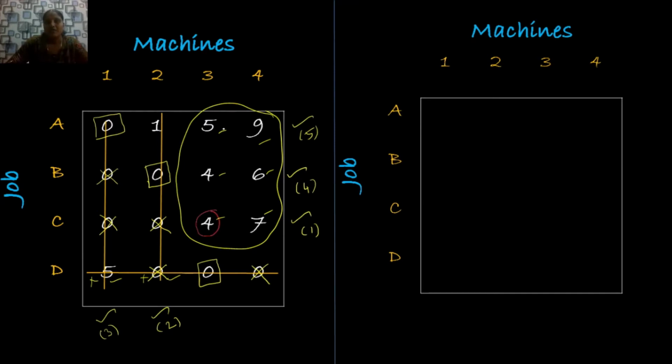So for the first row, 5 minus 4 is 1, and 9 minus 4 is 5. For the second row, 4 minus 4 is 0, and 6 minus 4 is 2. For the third row, 4 minus 4 is 0, and 7 minus 4 is 3.